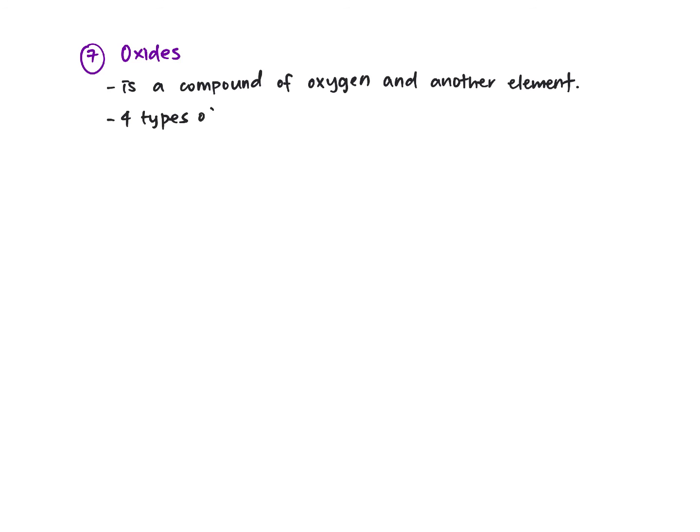So the last part is oxides. An oxide is a compound of oxygen and another element. Okay, there are a total of 4 types of oxides. If an element combines with oxygen, we call it an oxide.